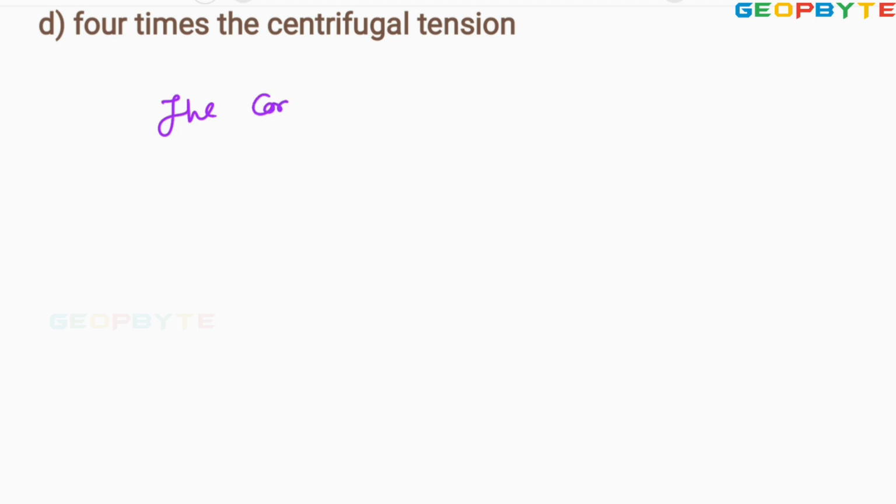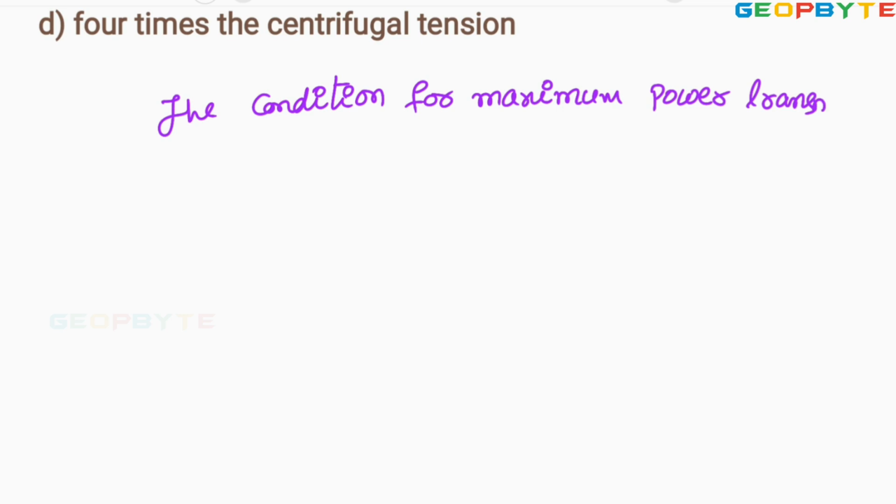The condition for maximum power transmission is maximum tension equal to 3 times the centrifugal tension, where Tc equals the centrifugal tension.